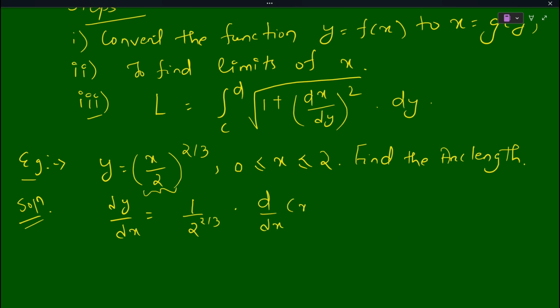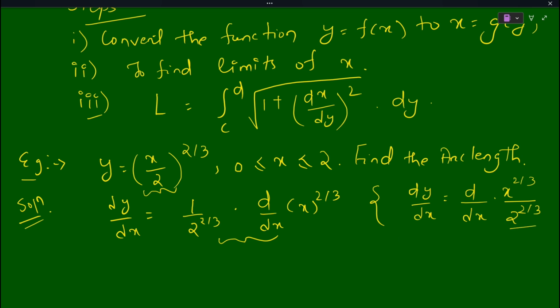If you are not getting how we got this, you can use the splitting format: dy by dx is d by dx of x to the power 2 by 3 divided by 2 to the power 2 by 3. Now this 1 by 2 to the power 2 by 3 is a constant term, so it will go out of the derivative and we will get this result.